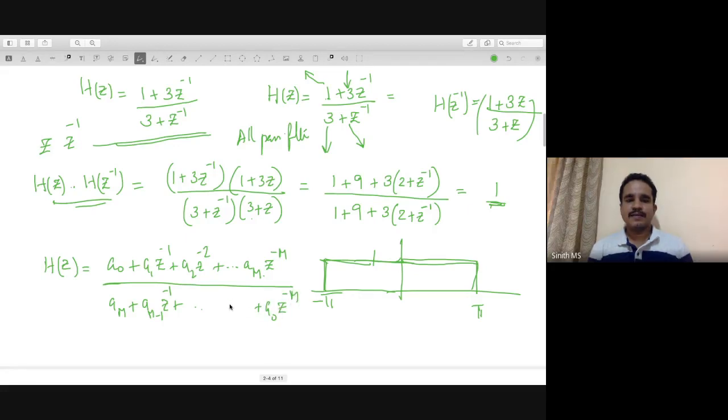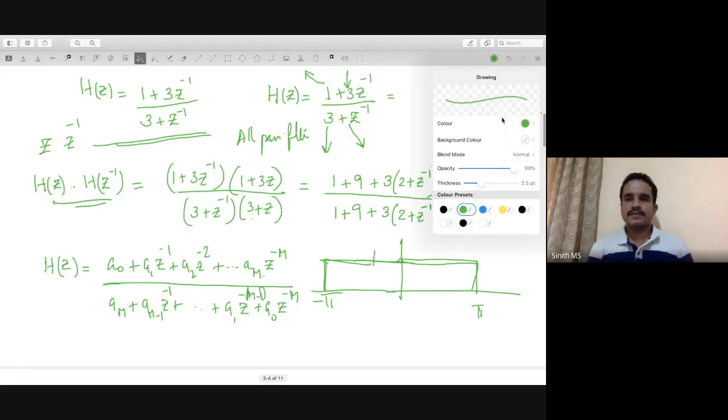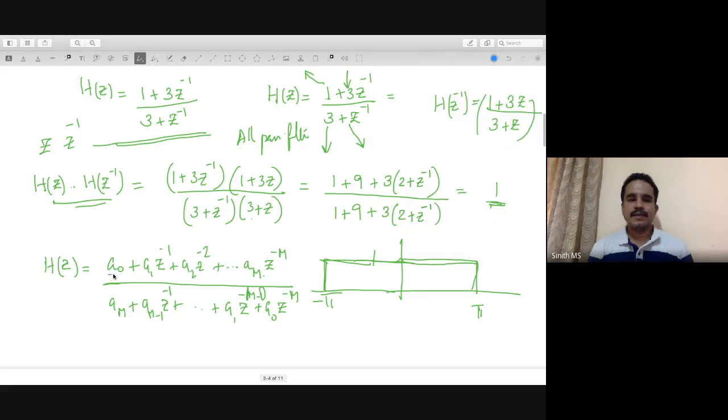This term will be a1 z raised to minus (m minus 1) plus etc. So you can see that the terms that you have here, a0 is the same as a0 here, a1 is the same as a1 here, a2 will be here, similarly am will be here, am minus 1 that you have here will be here.